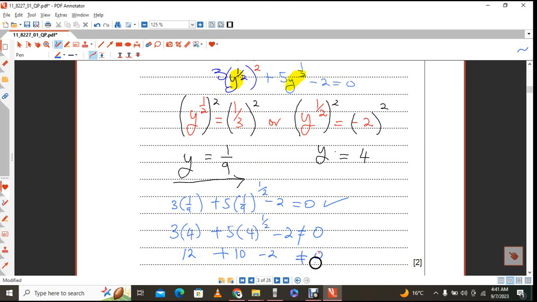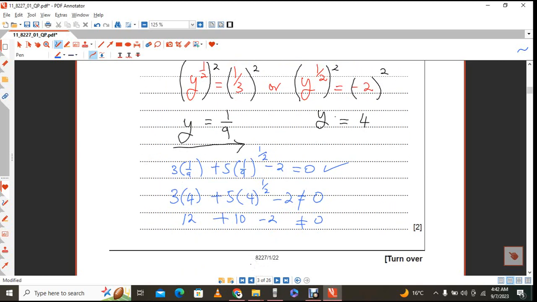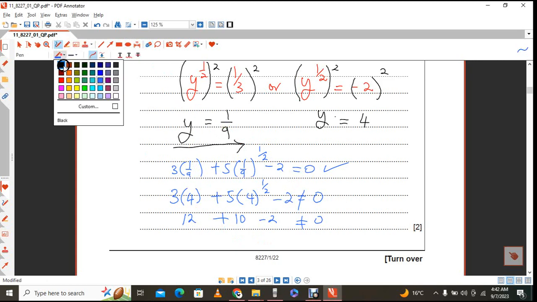So you realize that it's a horror show here. This is 22 minus 2, which is basically 20, and obviously 20 is not equal to 0. Hence, only this one works.